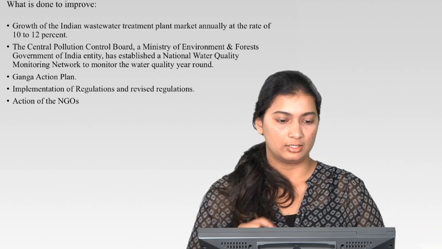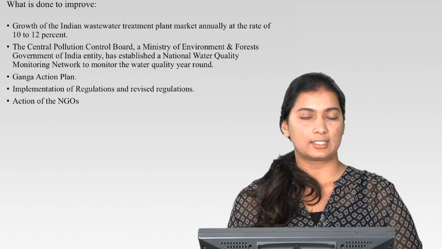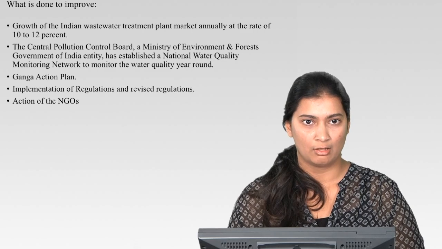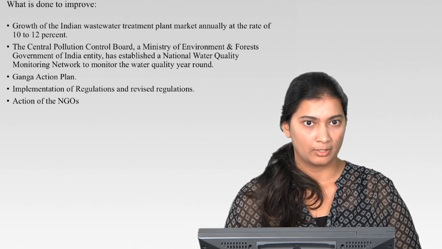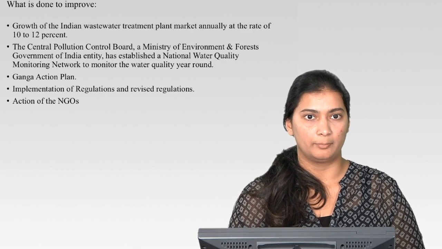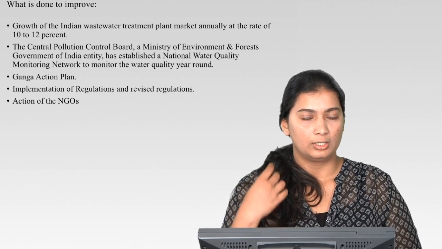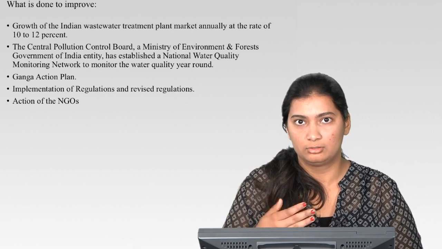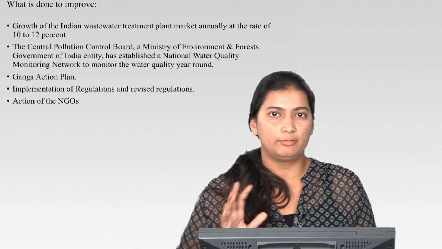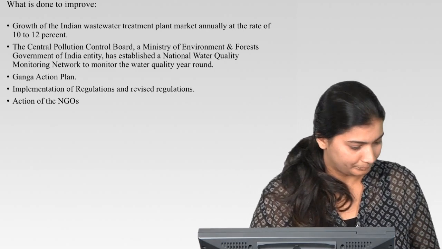Another thing, this is a big one, is the Ganga Action Plan. Since Ganga is considered as a holy river, and also because of the rise of awareness, people have been taking drastic steps to clean up the Ganga's water, to educate people, irrespective of religion, on how they are polluting the water. There are quite a few NGOs which are working on this.